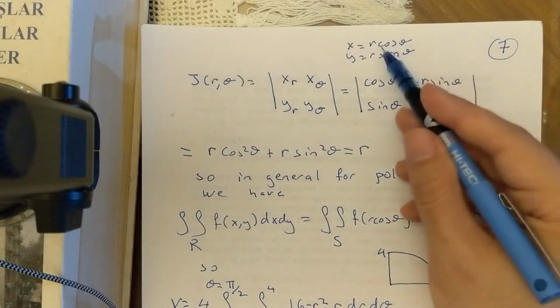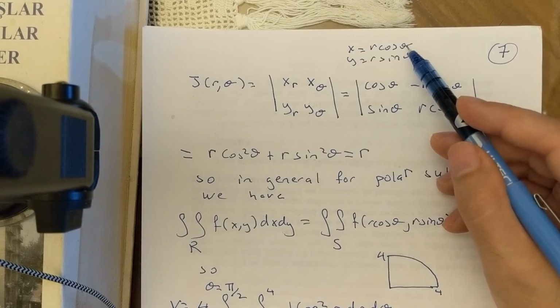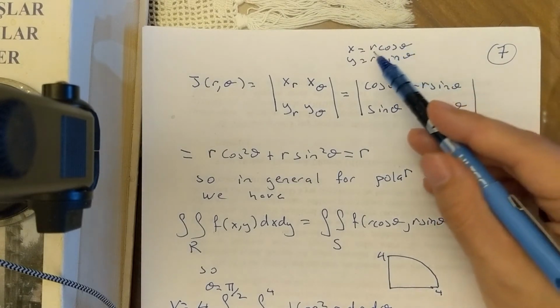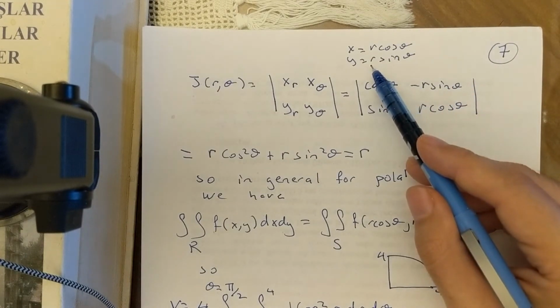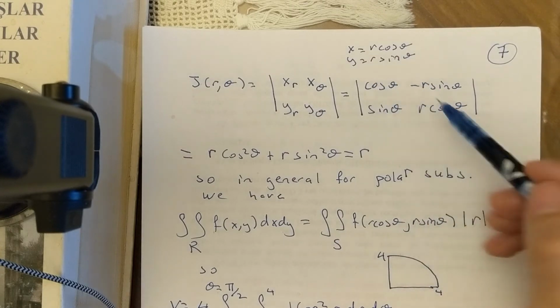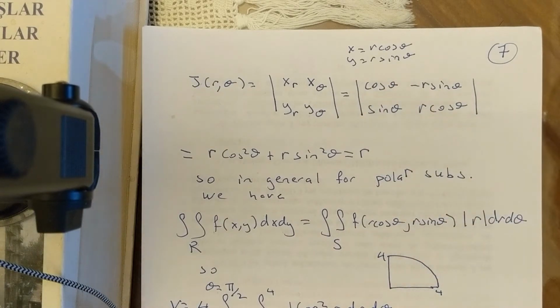I'm treating cosine theta as a constant. Now, if I do x sub theta, this time I'm going to treat r as a constant. The derivative of cosine theta is minus sine theta, so I have minus r sine theta. When I take the derivative of y with respect to r, I just get sine theta. And similarly, the derivative of sine theta is cosine theta, so the derivative of y with respect to theta is r cosine theta.